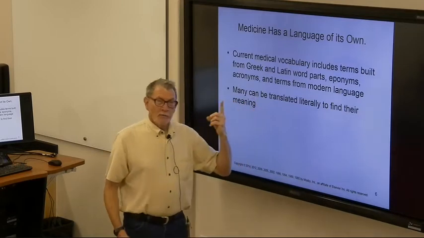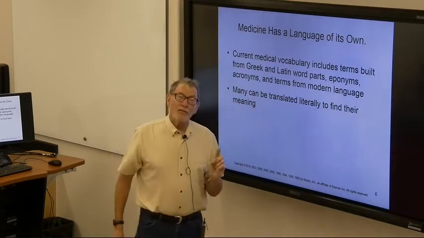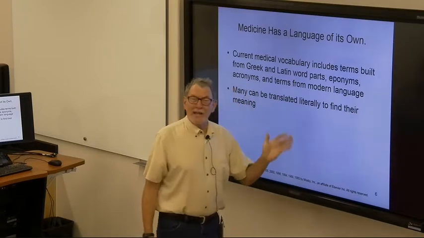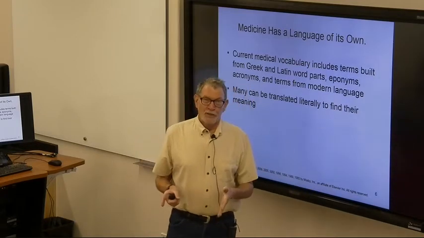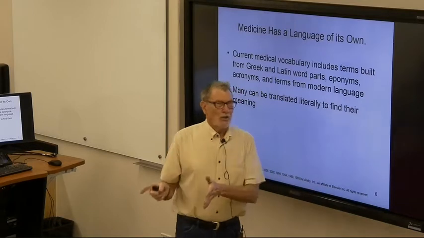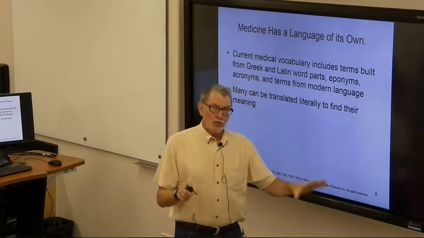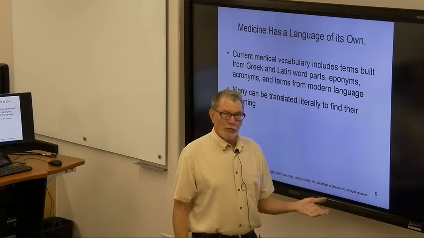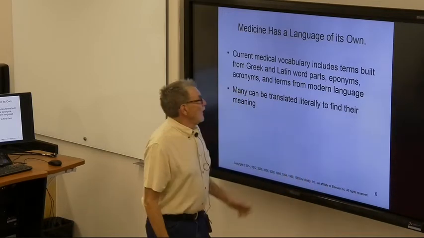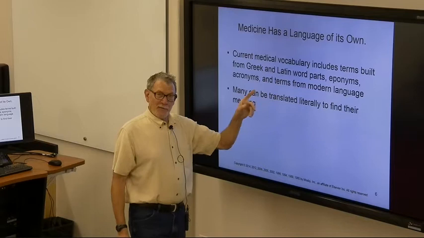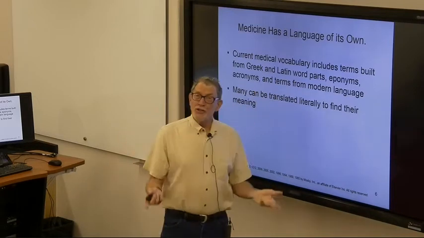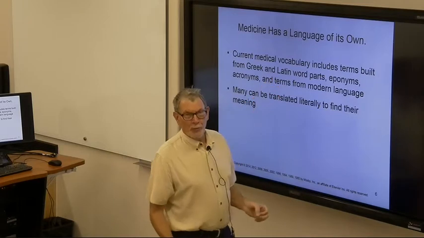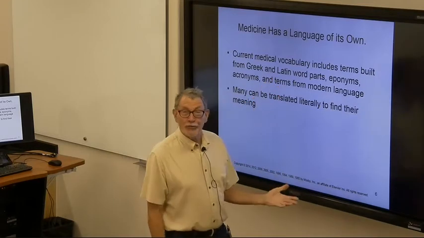First of all, and in some ways the easiest, we have words that are built from Greek and Latin word roots. So ancient Greek and Latin are not true current languages, although the Greeks are lucky that they would understand most of these anyway. And fortunately for us, English is a Latin-based language, so we can sometimes understand some of these words.